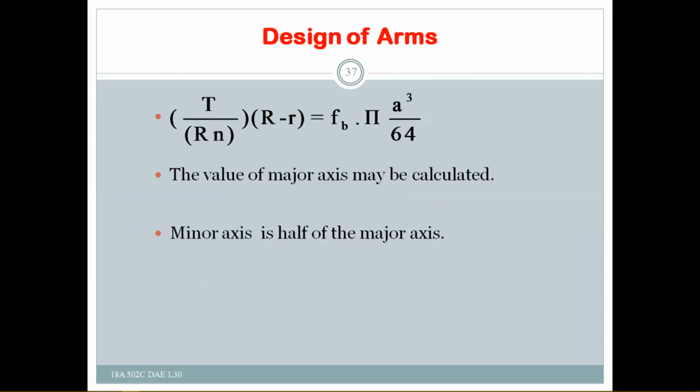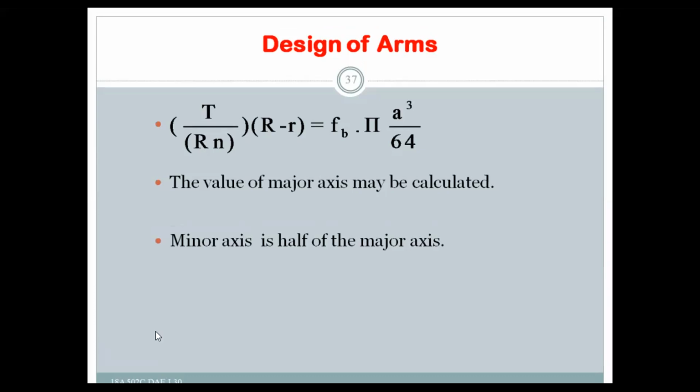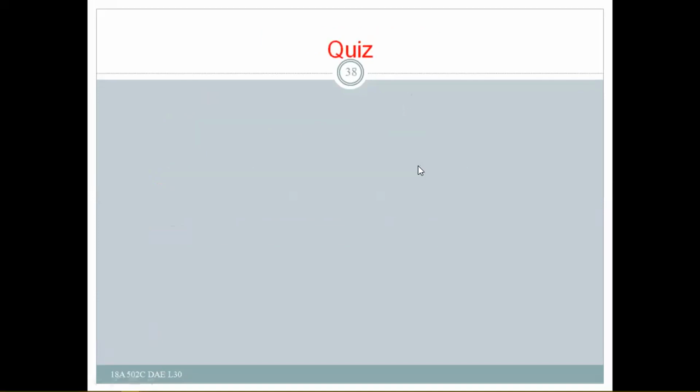As we have seen, the size of the flywheel rim and the mass of the rim have been calculated, the number of arms has been calculated, the hub design is completed, and the arms design is also completed. So this is the design of the flywheel. So let us have a small quiz on this.